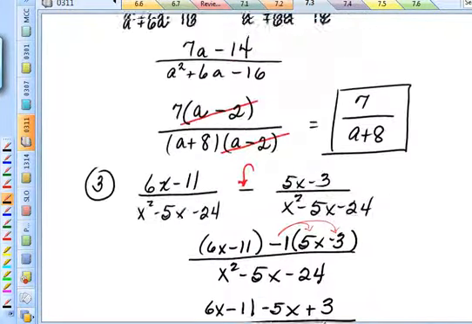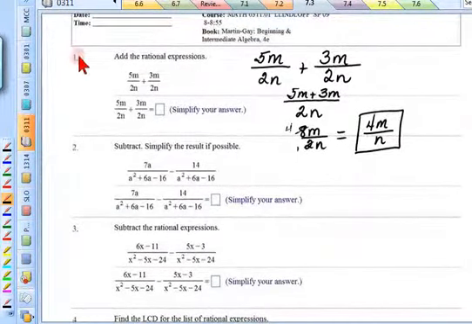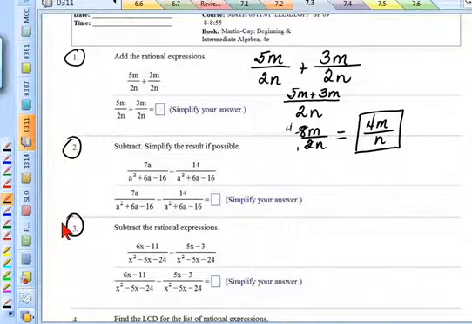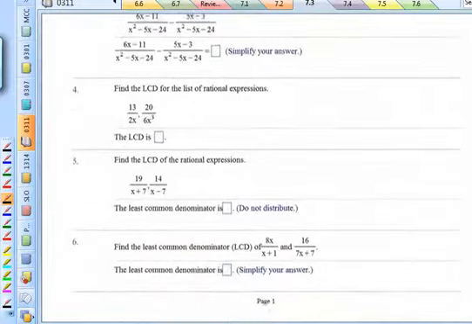All right, so the first skill that we did, for problems 1, 2, and 3 in my math lab for section 7.3, is that we did addition and subtraction, and we already had common denominators. Then at the end of the problem, we had to make sure if we could reduce it, that we did. The next several problems, and I think I'll be able to do these probably right in this space, are to find the least common denominator for some denominators.